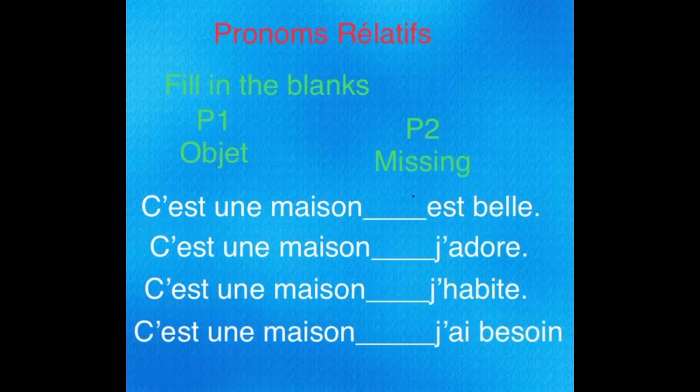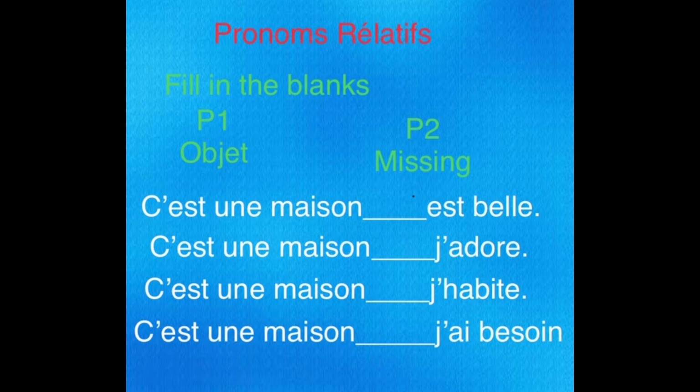Friends, I think that you would be comfortable with the question in which we have to integrate two sentences. Now, let's start with a little more complex question in which we have to fill in the blanks. In fill in the blanks, we would be given an object in phrase 1 and phrase 2 would be partly missing.